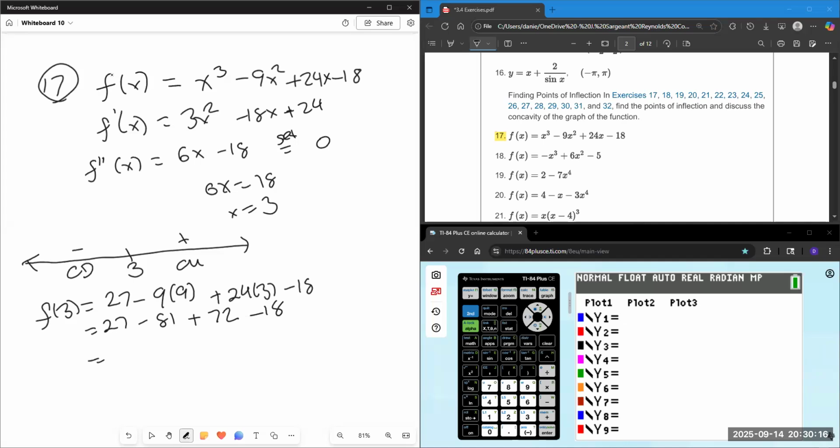So 27 minus 18 is 9. Negative 81 plus 72 is negative 9. 9 minus 9 is 0, giving me a point of inflection at (3, 0). And we say here concave up on 3 to infinity and concave down on negative infinity to 3.